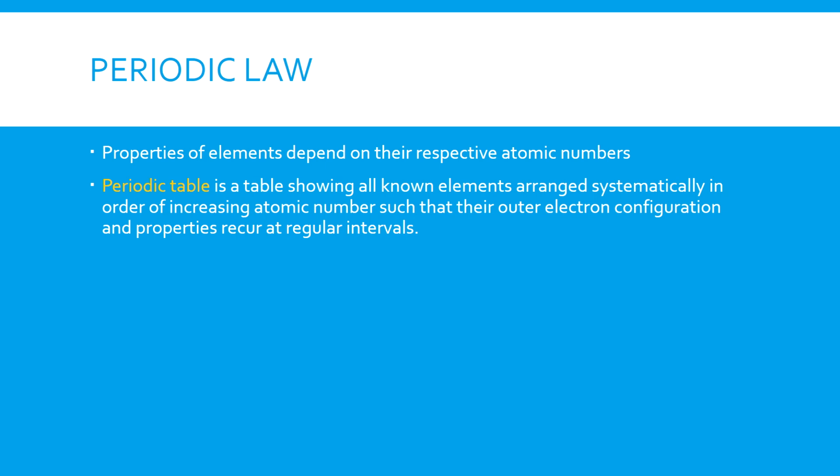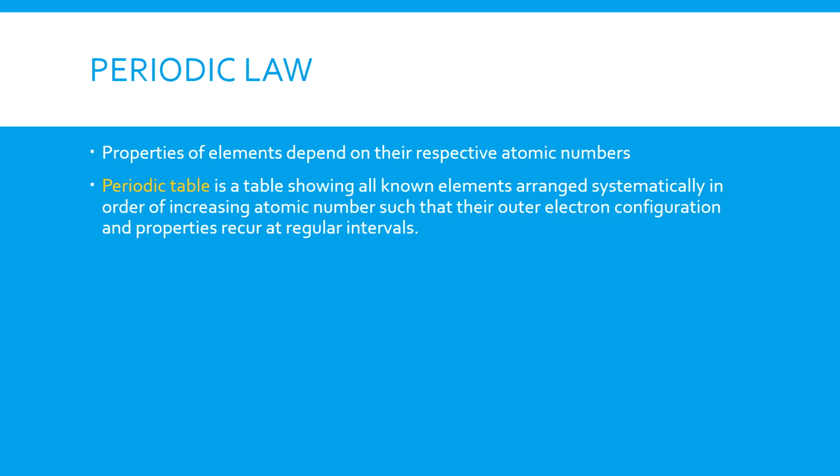So aluminium may have a different property, let's say a different melting point, from oxygen, because they have different atomic numbers. The properties that a specific element is going to exhibit depend on the element's atomic number. That is basically what the periodic law is saying.